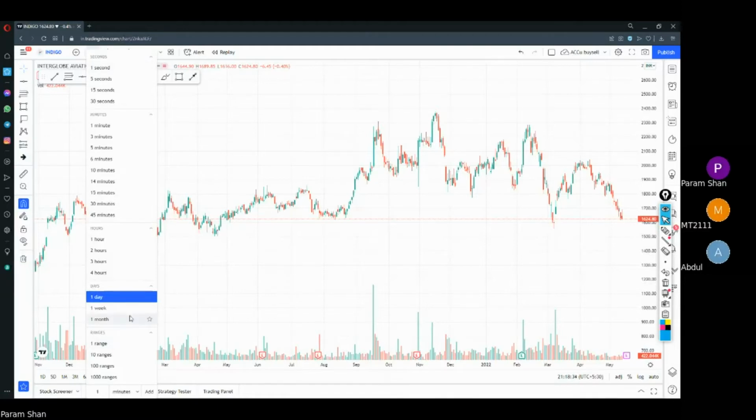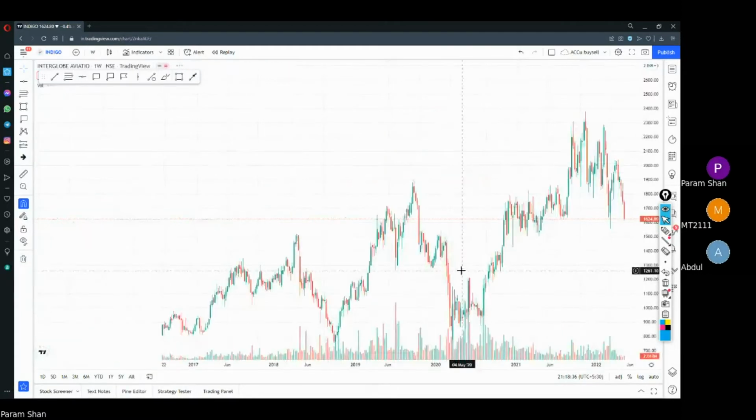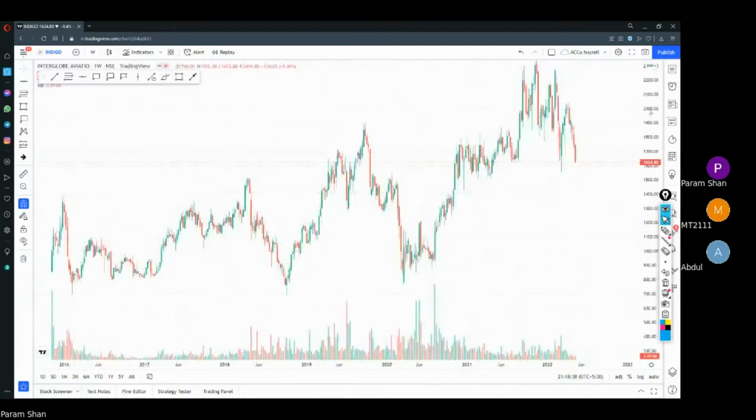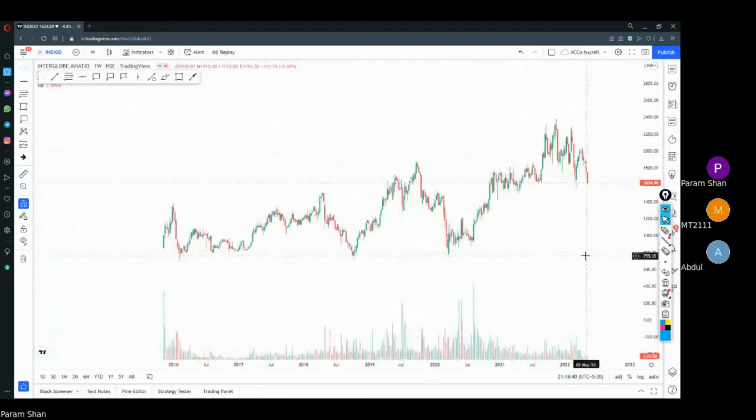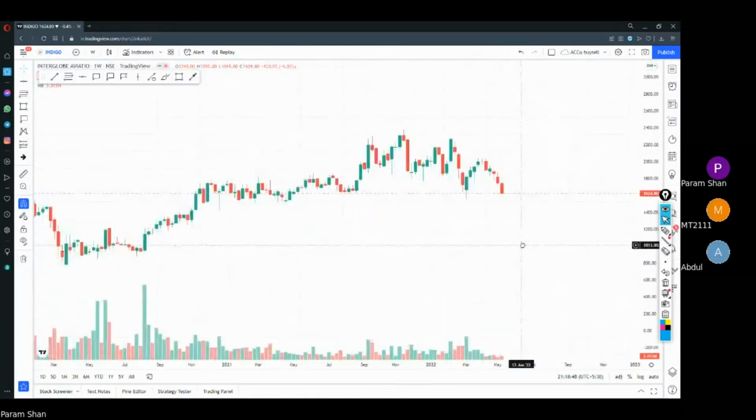If you're a long-term investor, it is better you go with the week. So why do we need to choose the higher time frame if we want to purchase a stock from a future perspective? You see, this is one candle for a week. You need to remember this very clearly, right?